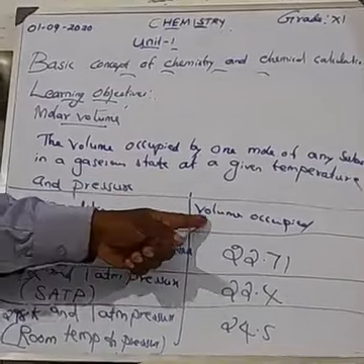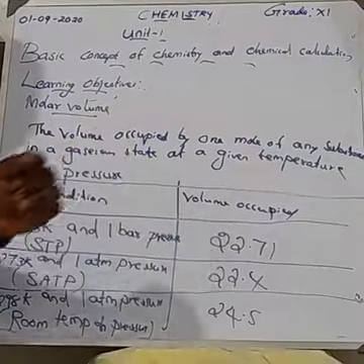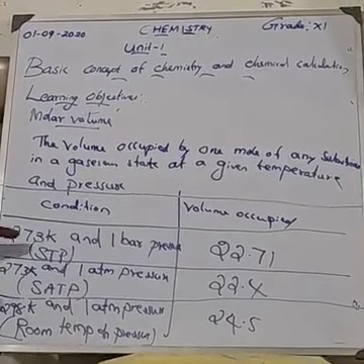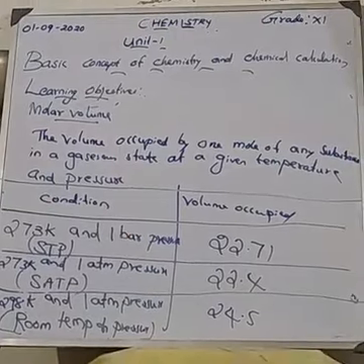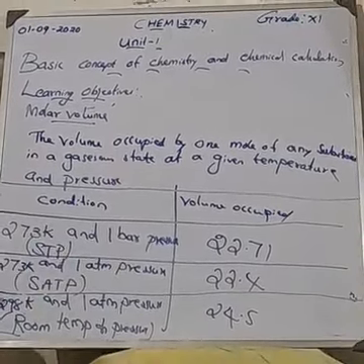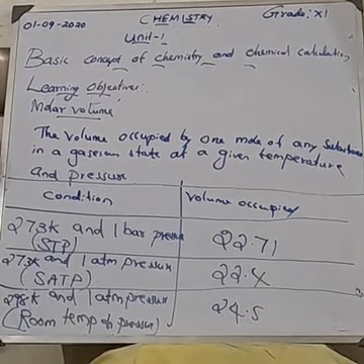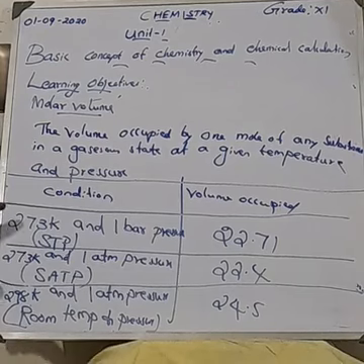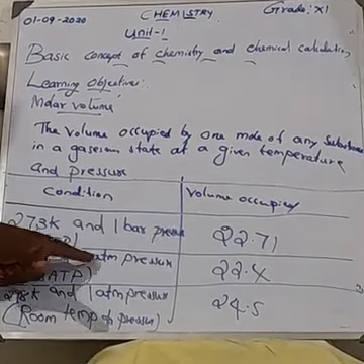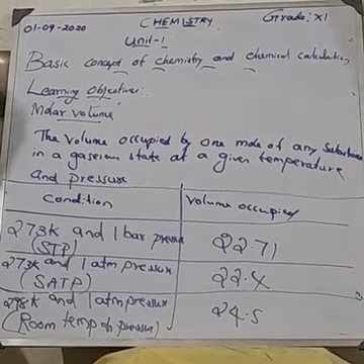Condition: the volume occupied by 1 mole of any substance in the gaseous state at a given temperature and pressure. There are three conditions: 273 Kelvin and 1 bar pressure, 273 Kelvin and 1 atmospheric pressure, and 298 Kelvin and 1 atmospheric pressure.